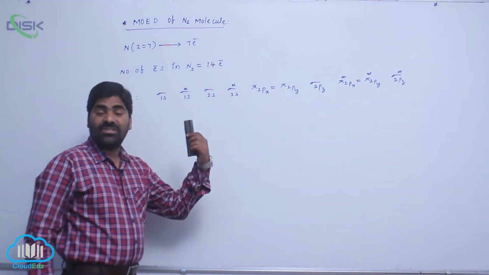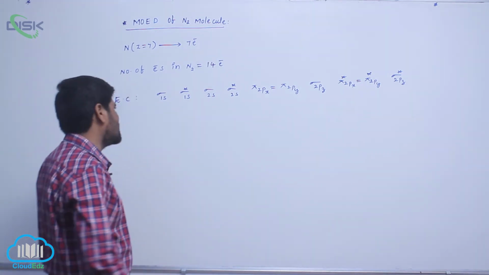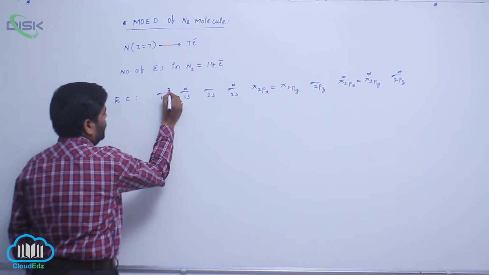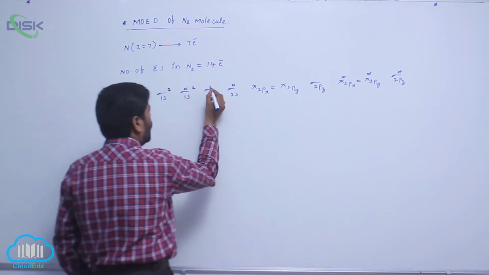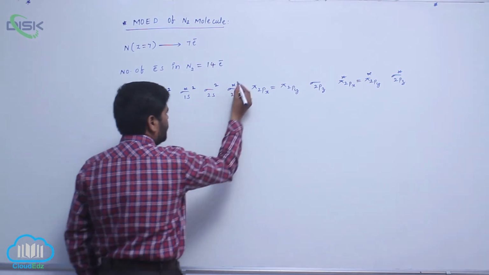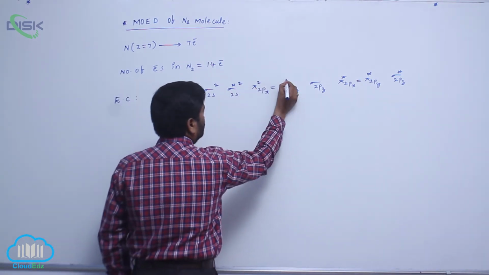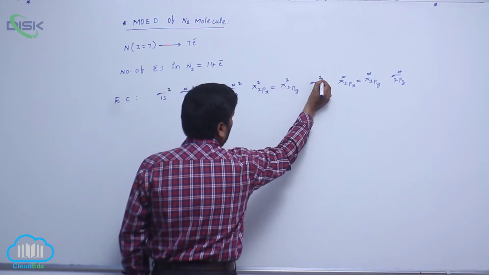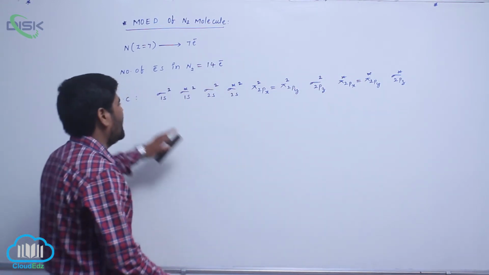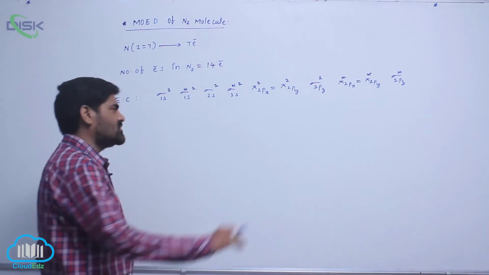So it is a 14 electron system. 2 electrons are filled here, then 2, 4, 2, 6, then 2, 8, then 2 here and 2 here. In total, 14 electrons.